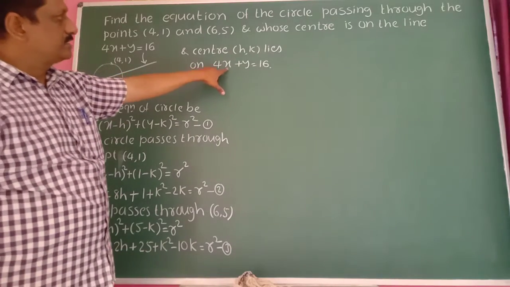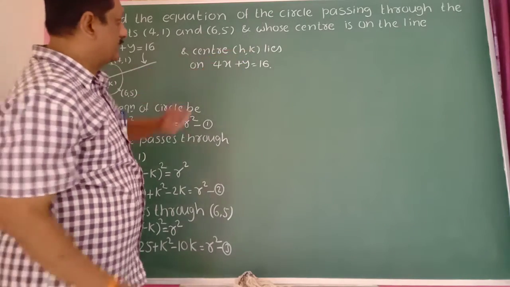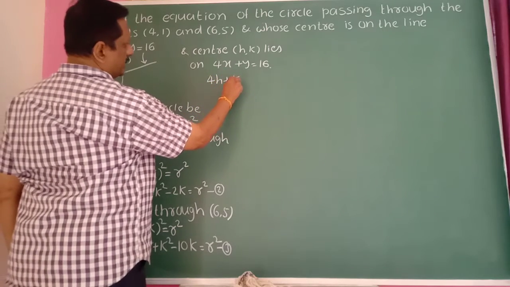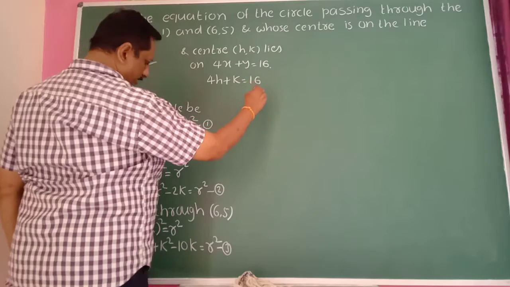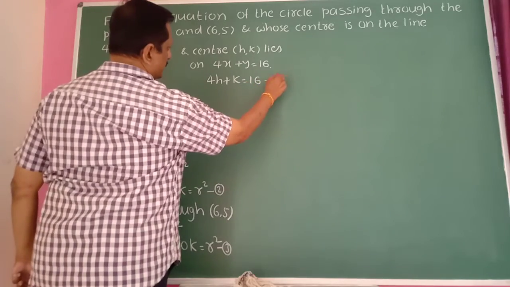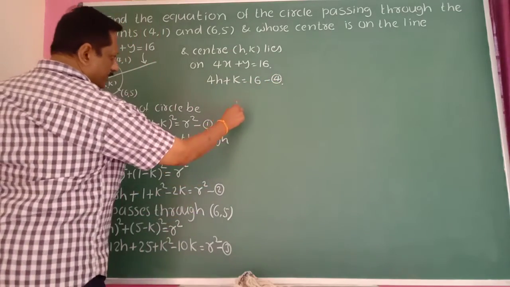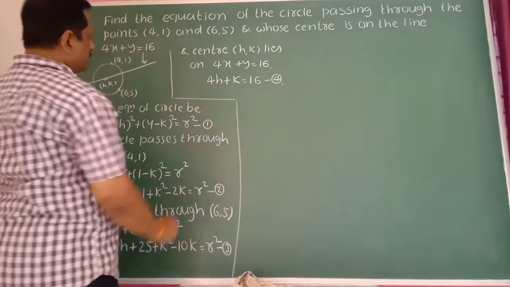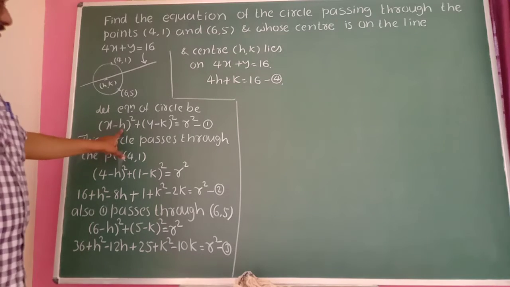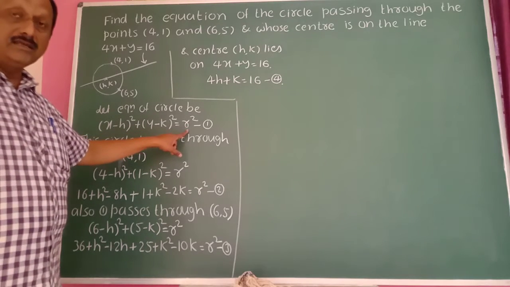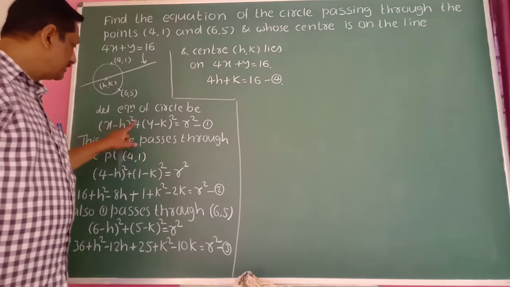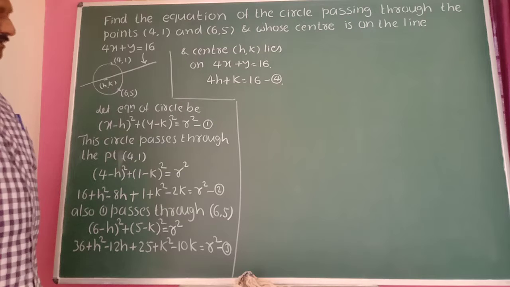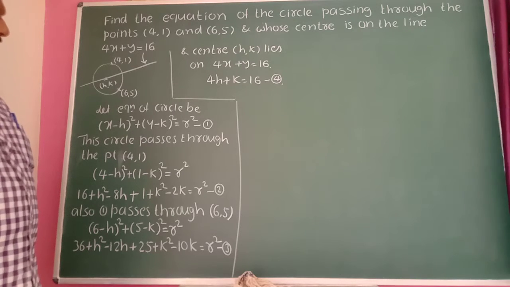Therefore put x equal to h and y equal to k: 4h + k = 16. Take this one as equation number 4. So there are 3 equations and 3 unknowns, h, k and r. You have to find these values using these 3 equations.